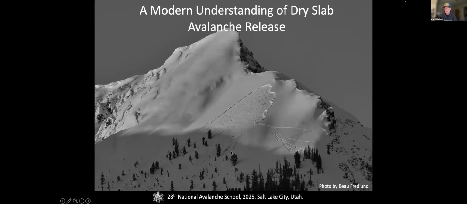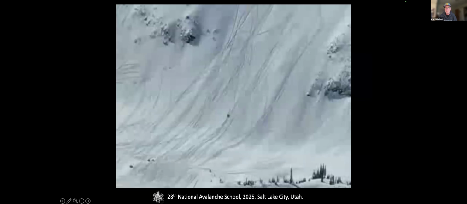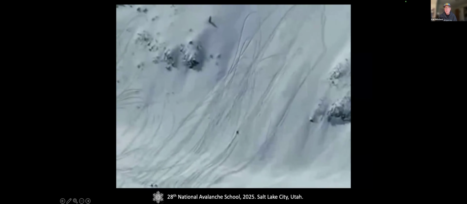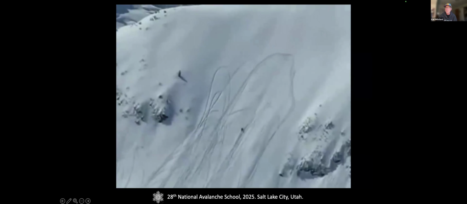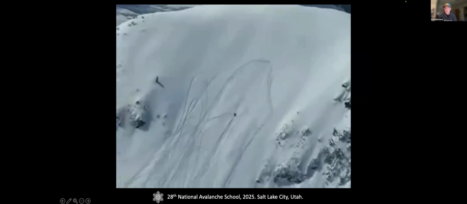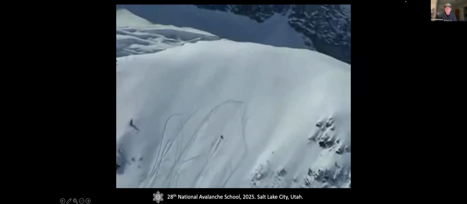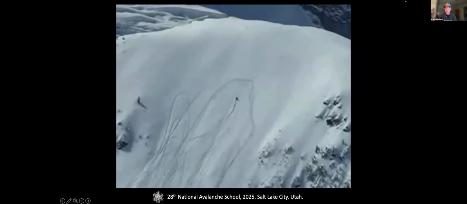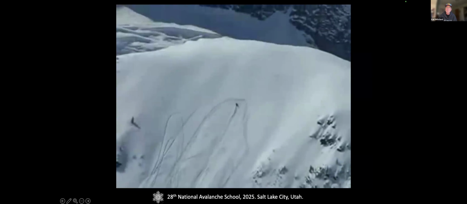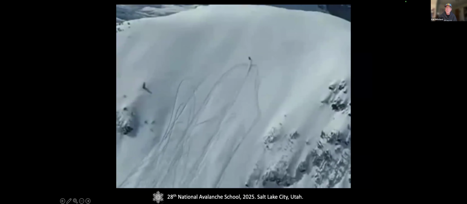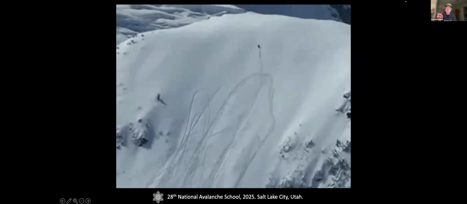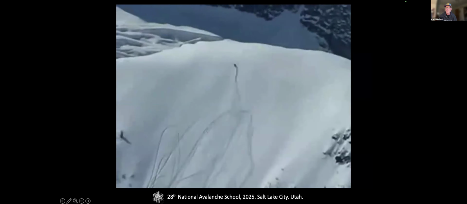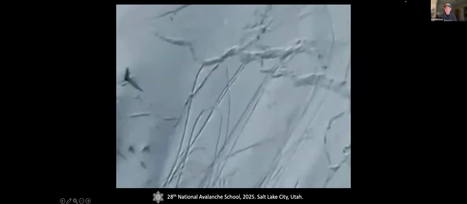The thing about avalanches is, how can a single person on a snowmobile put tens of thousands of tons of snow in motion? The way that happens is that avalanches are a cascading process. That means that if we input just a small amount of energy, that can lead to a cascade resulting in an enormous avalanche like this.